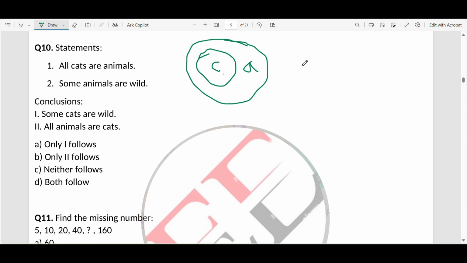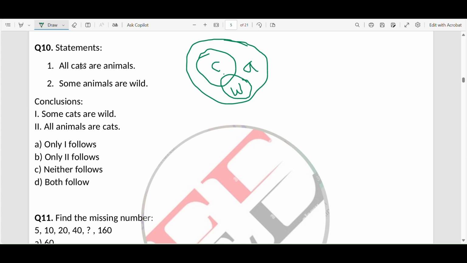Just focus on the explanation because I cannot write here very easily. Some animals are wild. See, in animals, some are wild, right? So this will be wild. Cats may or may not be wild, so I have added some amount of cats here as well.